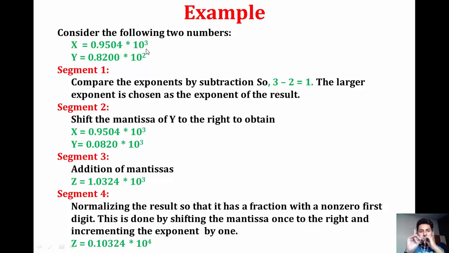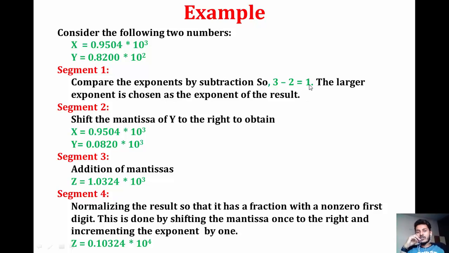In the first segment, we need to compare the exponents by subtraction. We subtract the smaller value from the higher one. So 3 minus 2, and there is a difference of 1. So we need to align these, we need to adjust the exponent.